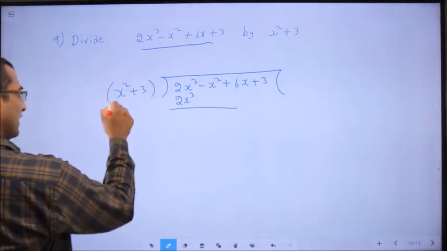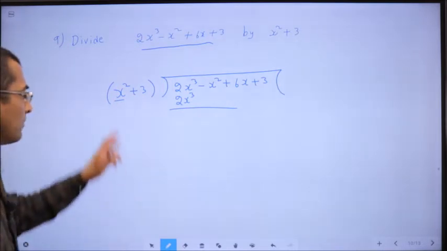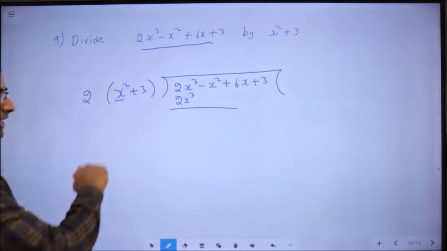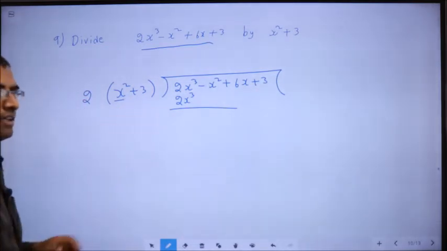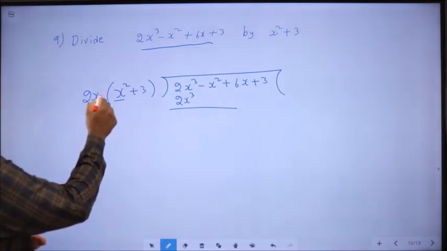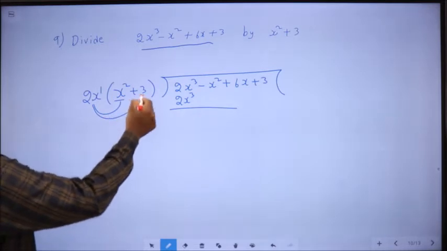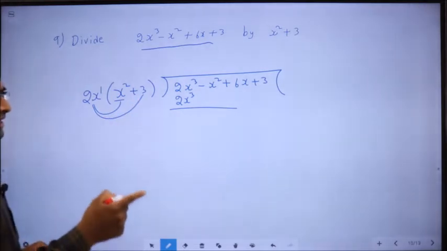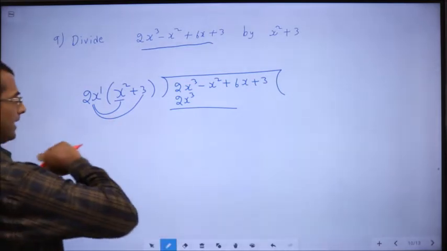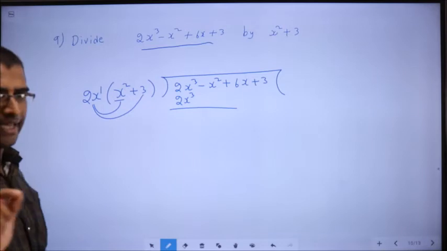So x square needs to be multiplied with what, resulting in 2x cube? This needs to multiply with 2 to get the number 2. Here x square should result in x cube, means I need to multiply with x power 1. When I am multiplying to this, I should also multiply to the second term of the divisor. Okay, so 2x into 3 will be plus 6x.